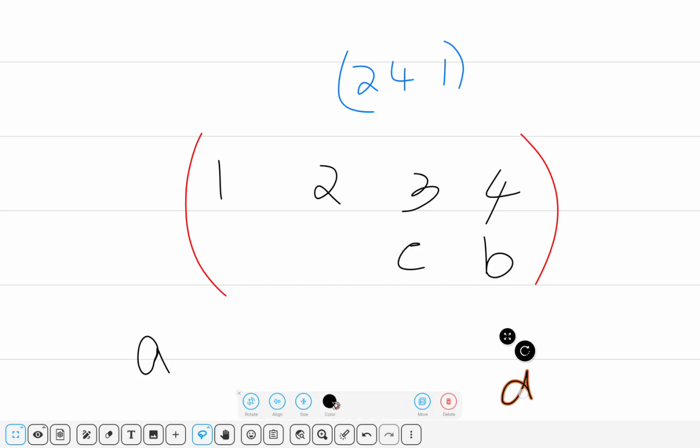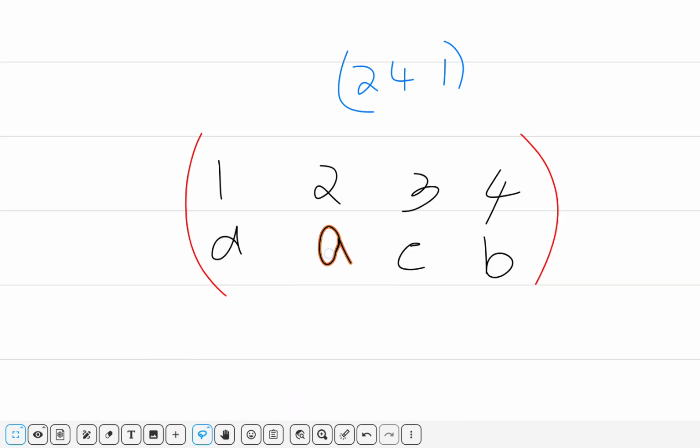Take this D, put it here, and then it says 1 to 2. And notice one thing: since nowhere throughout this is 3 mentioned, this means that this guy is safe.